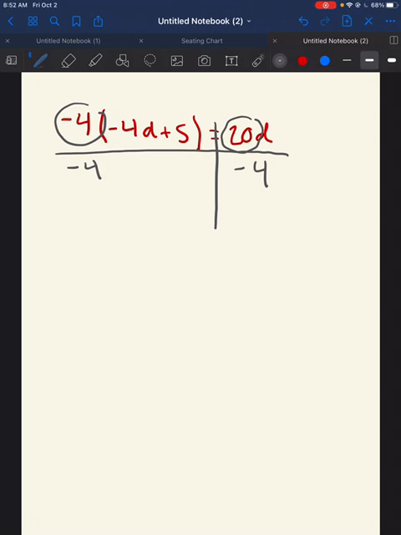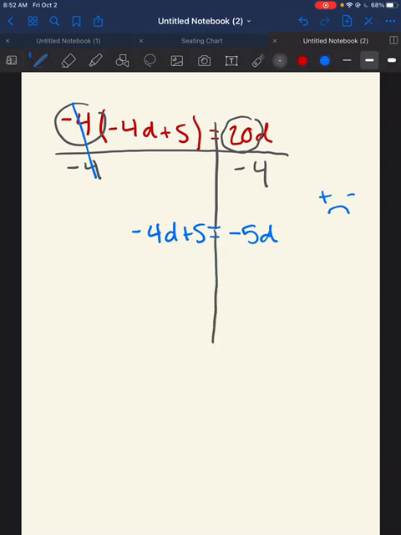So if I divide by negative 4, those will cancel out. I get a negative 4d plus 5 equals 20 divided by negative 4. So we get a positive divided by negative is a sad face. Sad face 5d. Okay, now I have the variables on both sides, and I just solve like normal.